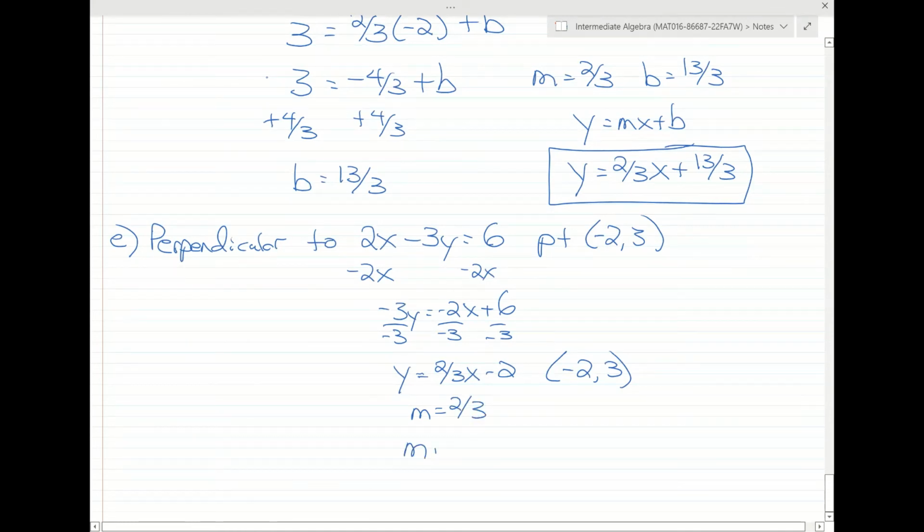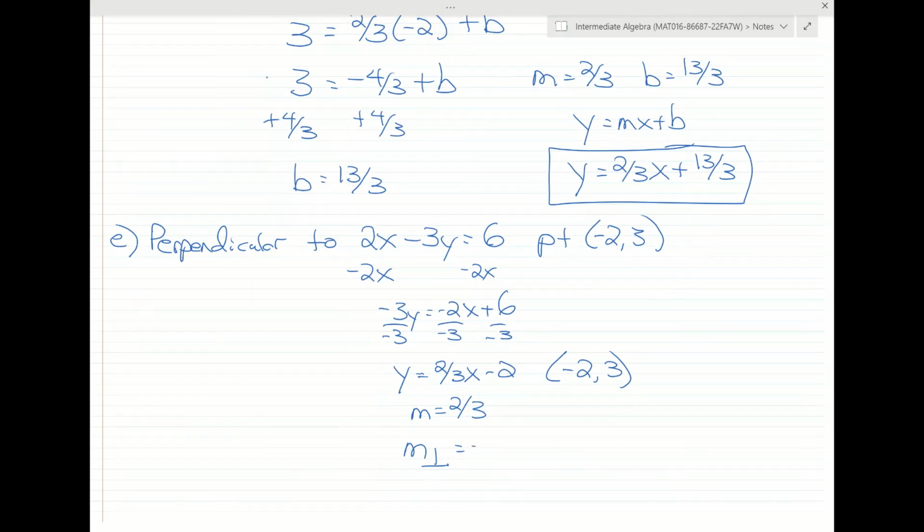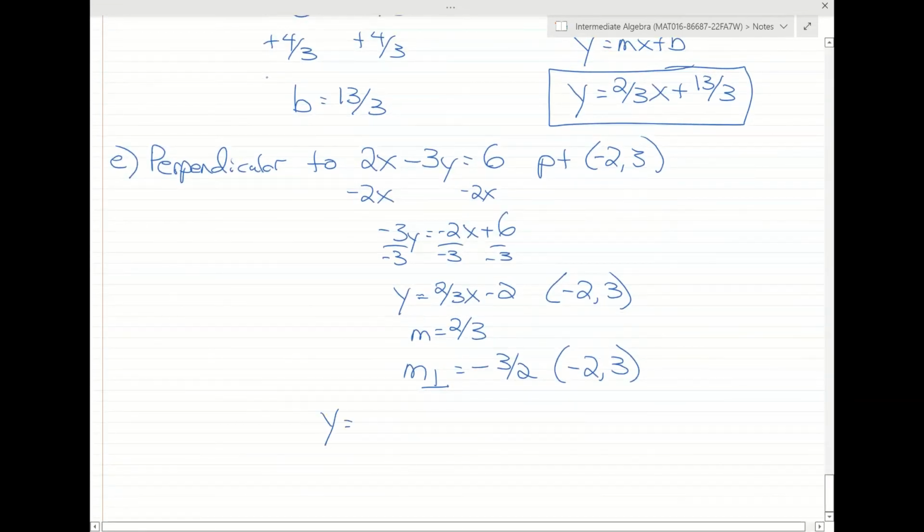What would the perpendicular slope be? -3/2. So now it's the same exact problem as before. We're going to say y is equal to mx plus b. We'll plug in and we'll solve for b. So why don't you guys take a minute so you can do that?